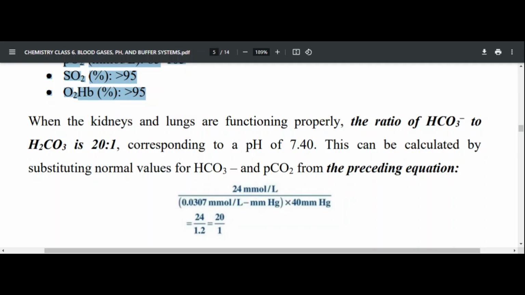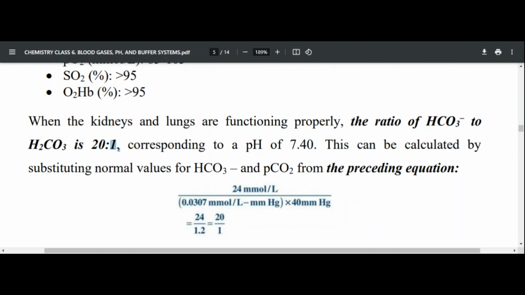So if they do that, you have to remember that 20 represents bicarbonate and carbon dioxide is represented by the number 1. Then it will help you not to be puzzled or panic, because here they have started with carbonic acid, and you are familiar with the ratio of bicarbonate to carbonic acid being 20:1, but the ratio of carbonic acid to bicarbonate is 1:20, not 21.